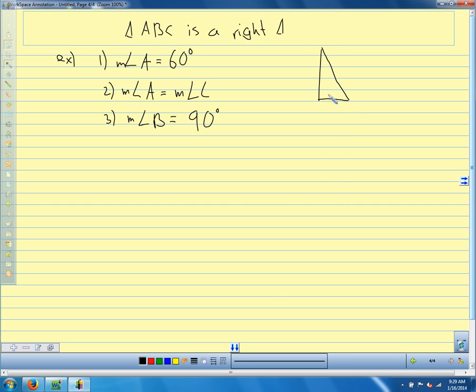Not necessarily to scale, but I just want to label my triangle. This says measure angle B is 90. I'll call this A and this C. So there's a picture to help us visualize. So which two can't happen at the same time? 1 and 2? And why can't they happen at the same time?